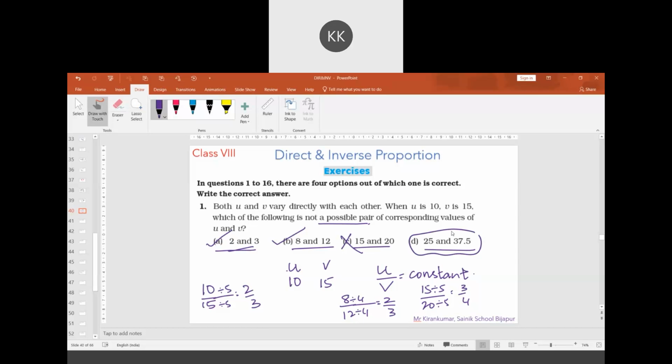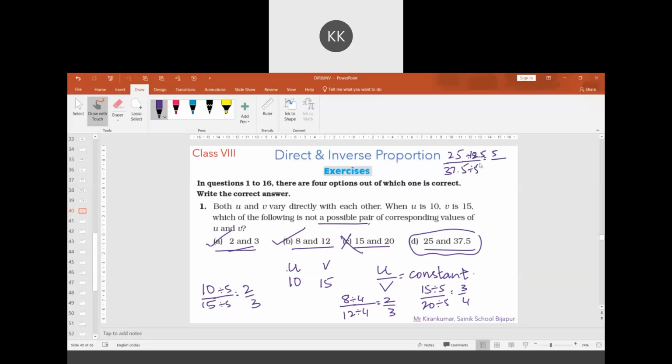Let us check this also. 25 upon 37.5. Let me divide first by 5. Sir, directly by 12.5. Directly you want to divide by 12.5?